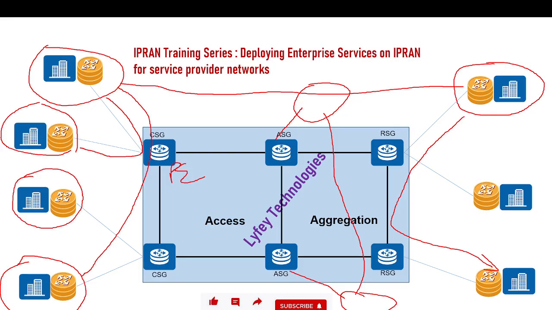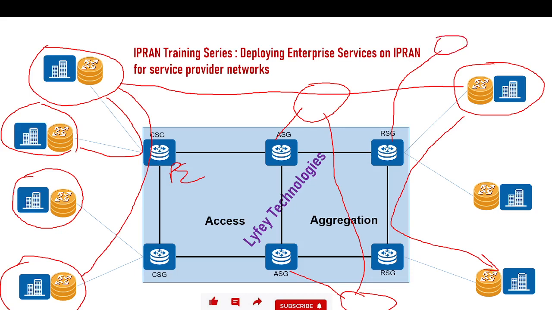So this customer here requires access to the internet, and the internet is connected to the service provider network, maybe the core network, and the IPRAN network is connected to the core network. So you have the core network here.